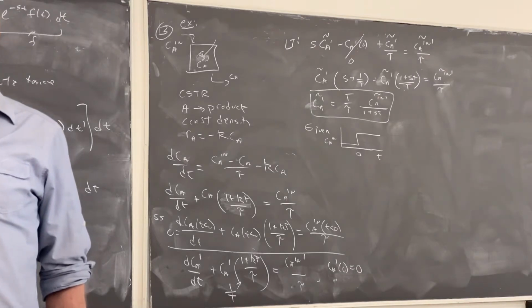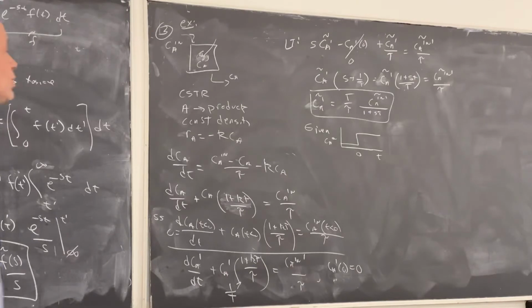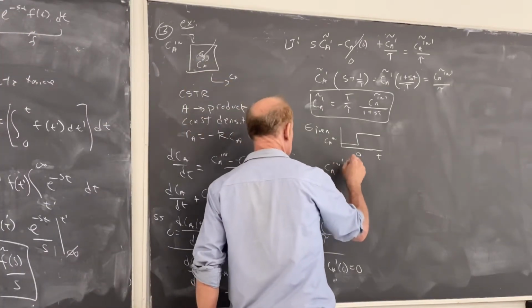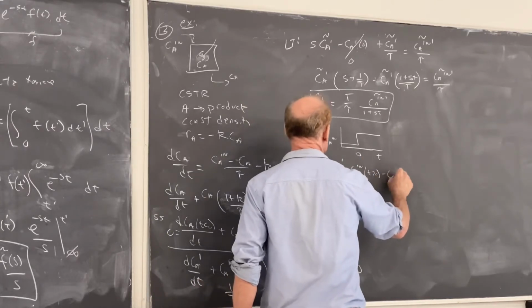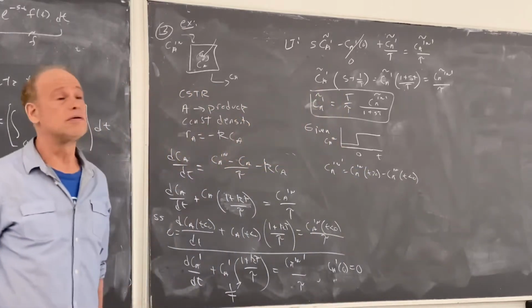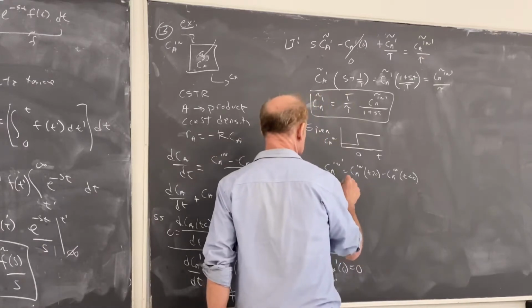So CA in prime is CA in of t greater than 0 minus CA in of t less than 0.